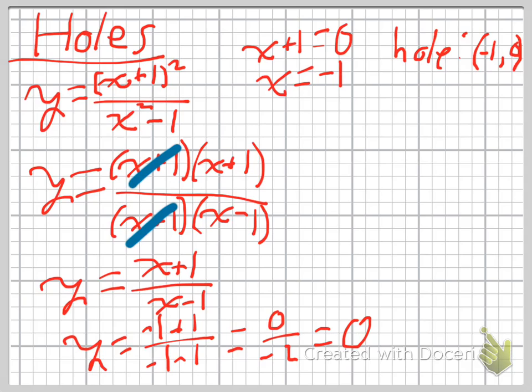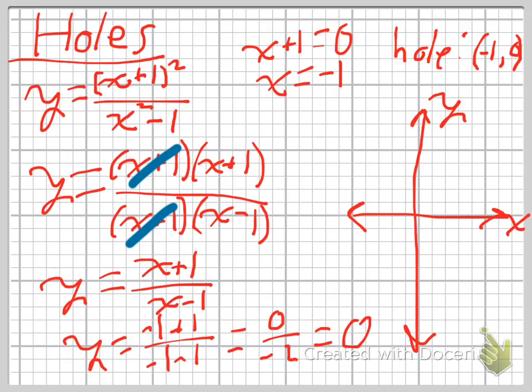And then to graph this, we would continue on like any other rational function. So we'll draw in our axes. And we'll do the same thing. You see, x minus 1 is in the denominator of our canceled version.